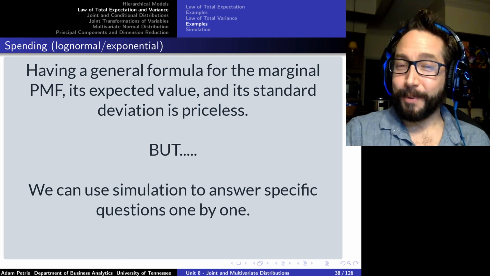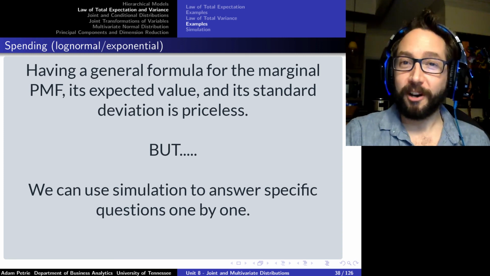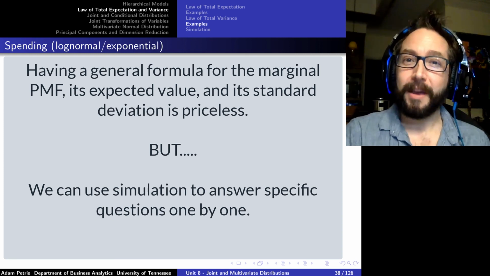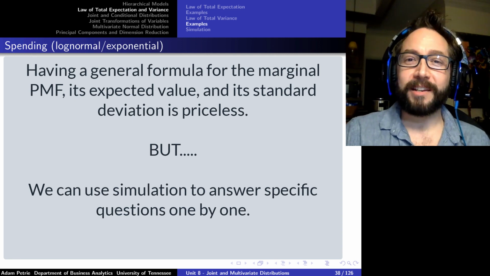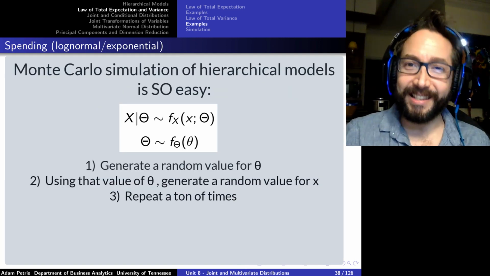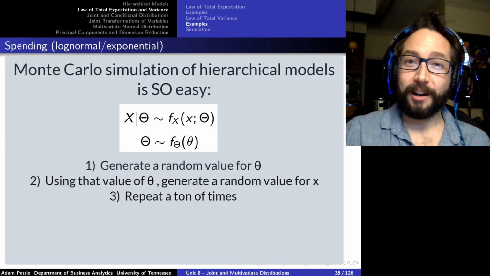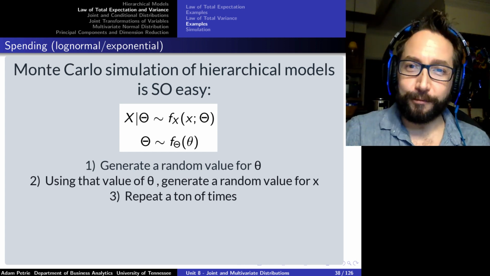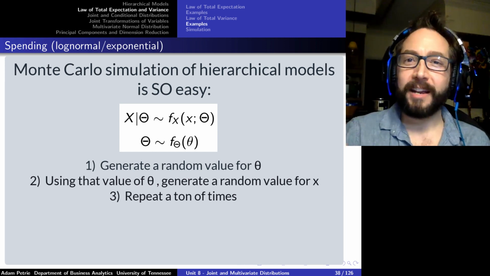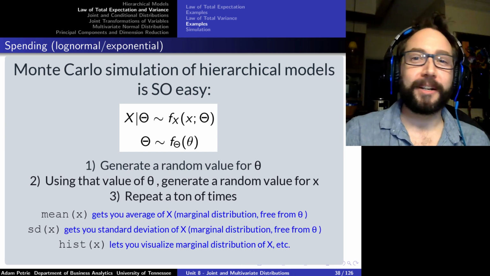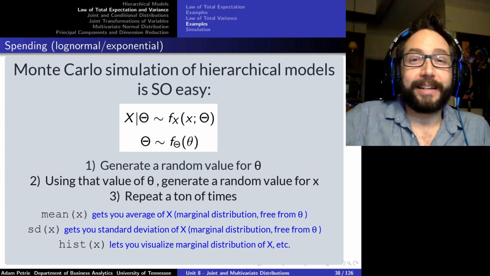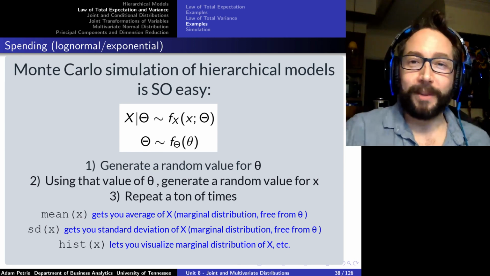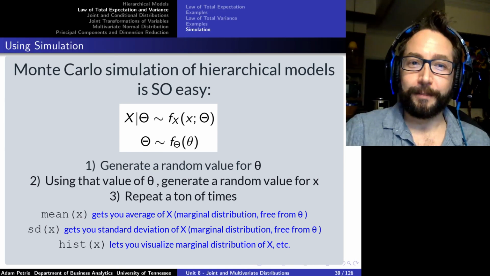And I think that being good at programming, and specifically Monte Carlo simulation, really pays off, especially in the context of hierarchical models, because it is extraordinarily easy to write a Monte Carlo simulation that generates random numbers from within this hierarchy, and then we can study any property of the distribution, getting the average, the standard deviation, the probability of getting an X bigger than 40 with very little effort.